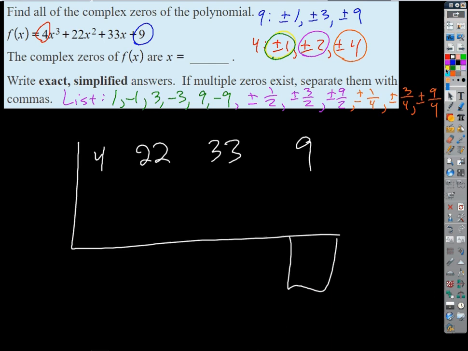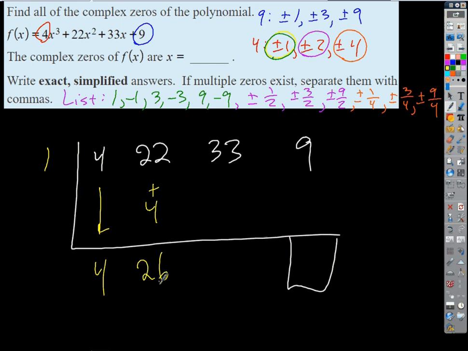So let's start off with 1, right? If I pick a 1 and I plug it in synthetically, how do I know if it works? What's going to show up in here? A 0, yeah. So we'll try this. If I bring the 4 down, 1 times 4 is 4. 4 plus 22 is 26.